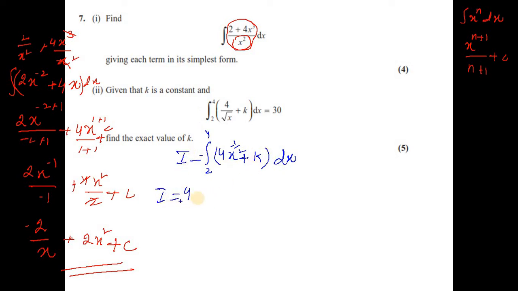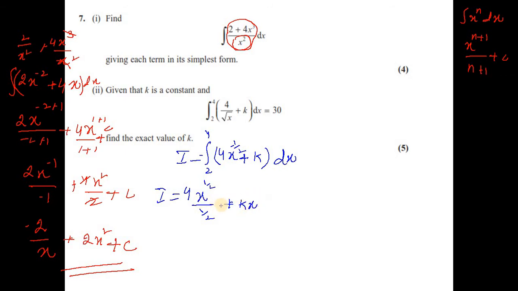So I equal to 4 x to the power minus half plus 1. Remember, x to the n plus 1, so power is minus half. So minus half plus 1 is half, divided by half, plus k is a constant, so the integral of a constant is kx.